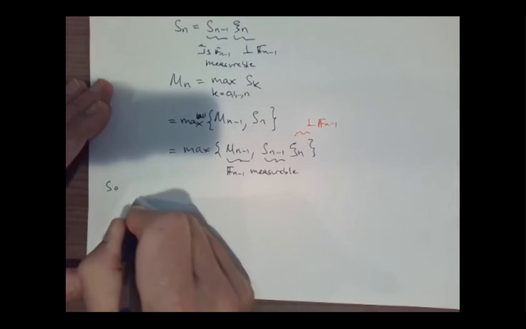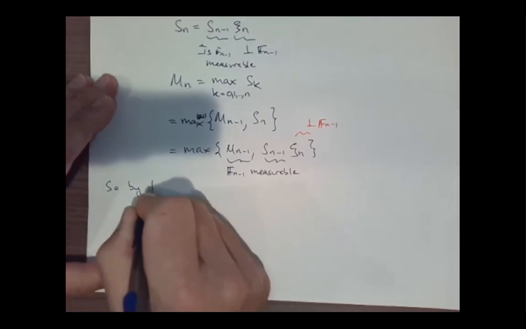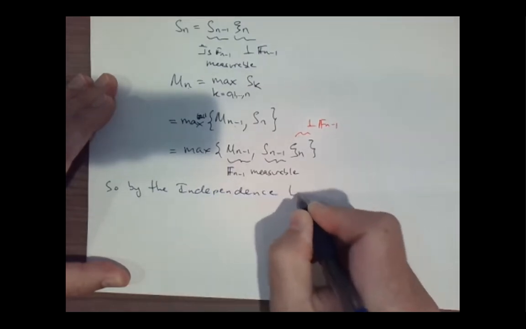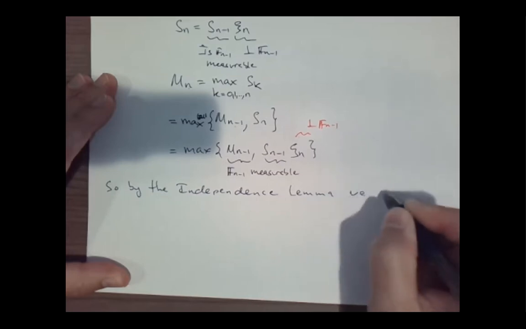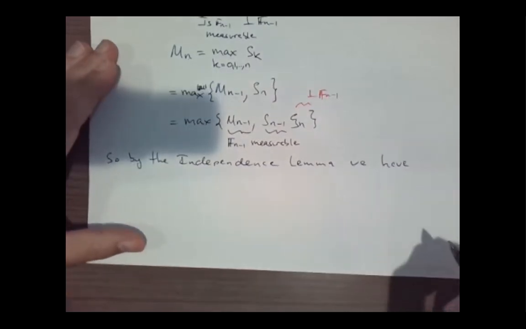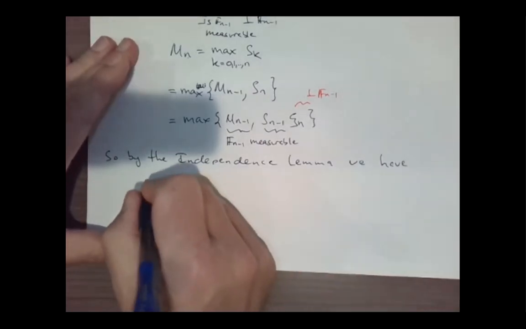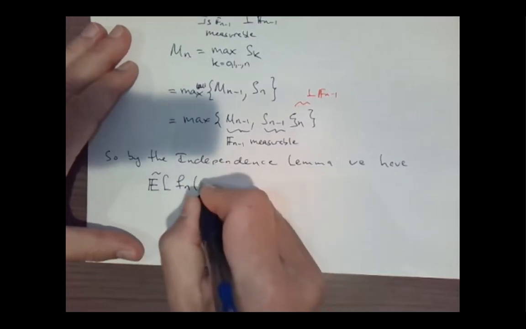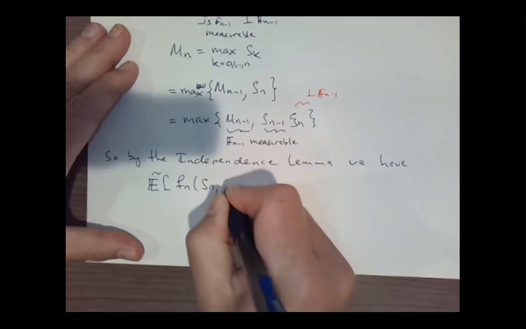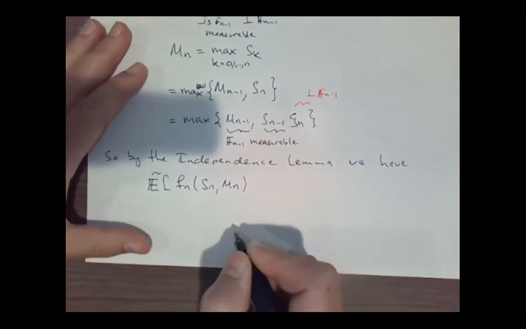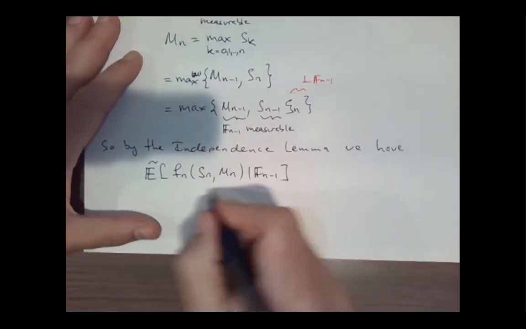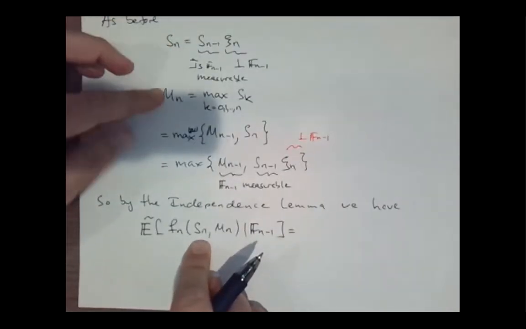So by the independence lemma, we have the conditional expectation of Fn of Sn, Mn given Fn minus 1. I'll write out what it is by inserting the two expressions for S and M.